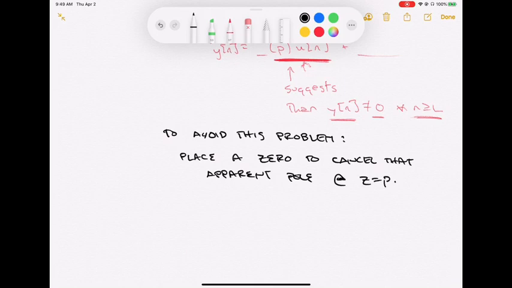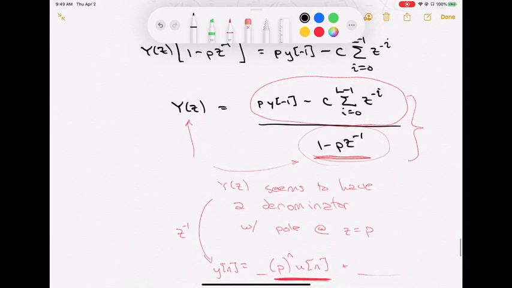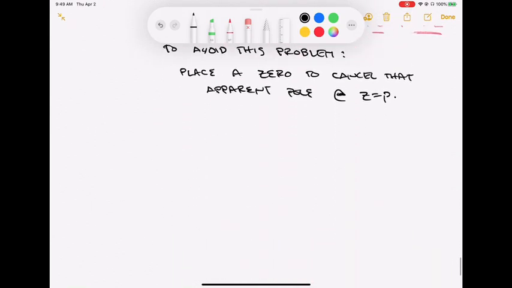So what was the numerator? The numerator was p y of minus 1 minus that c sum stuff. So let's write that down. We had little p y of minus 1, and then a minus c summation i equaling 0 to L minus 1 z to the minus i.